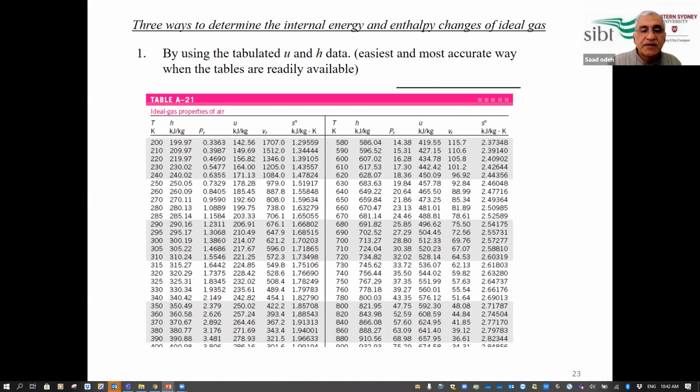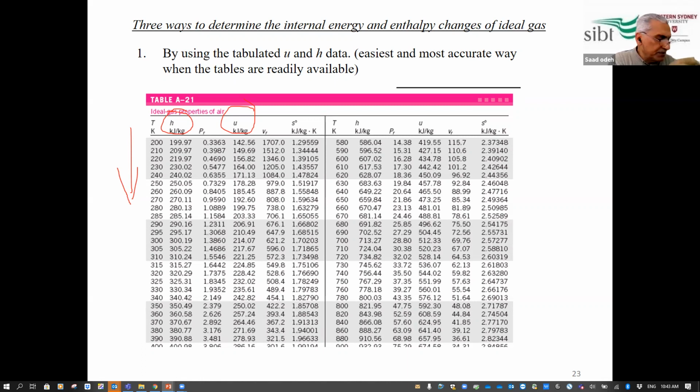The first one, as we had before, we can refer to the tables and find the enthalpy or internal energy of a certain gas directly, as we did with the steam or the refrigerant 134A. So we're always using the tables. We just follow the temperature we are working on, and then find the H and U values from the tables directly.